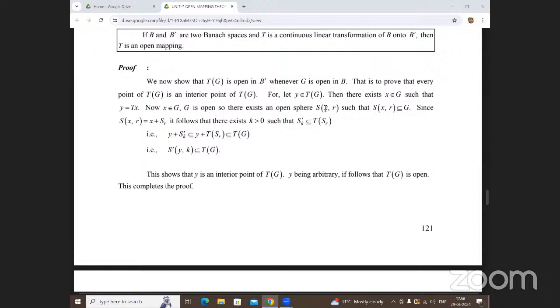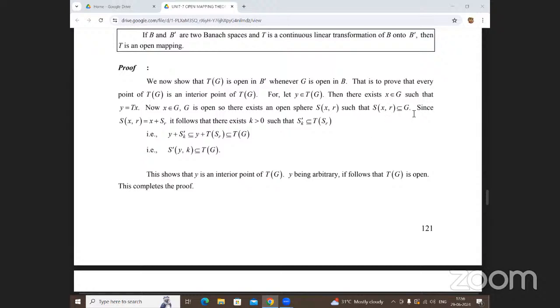This is the meaning of open sphere, simply S r of x, where x is its center and r is its radius, sometimes also referred to as S of x and r. So this is the spherical part. The center of the element is x, and the constant distance is denoted by small r.